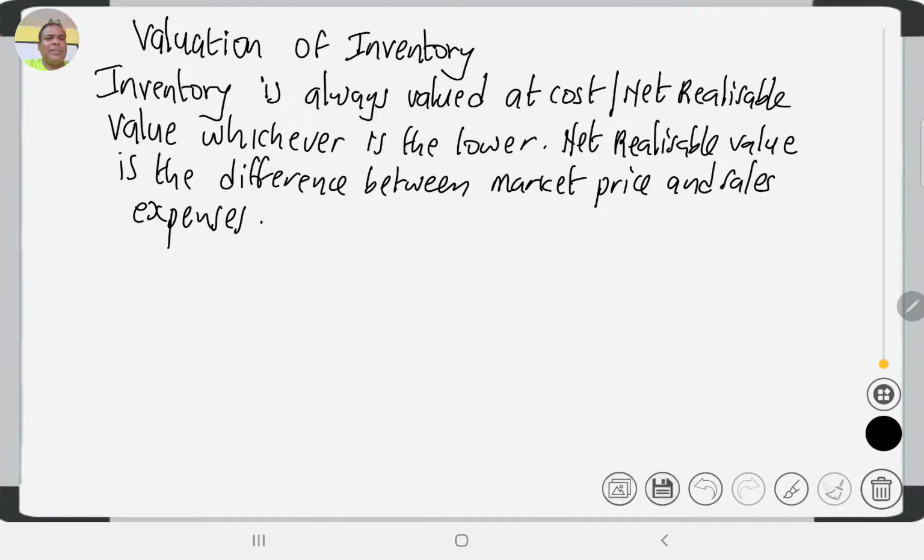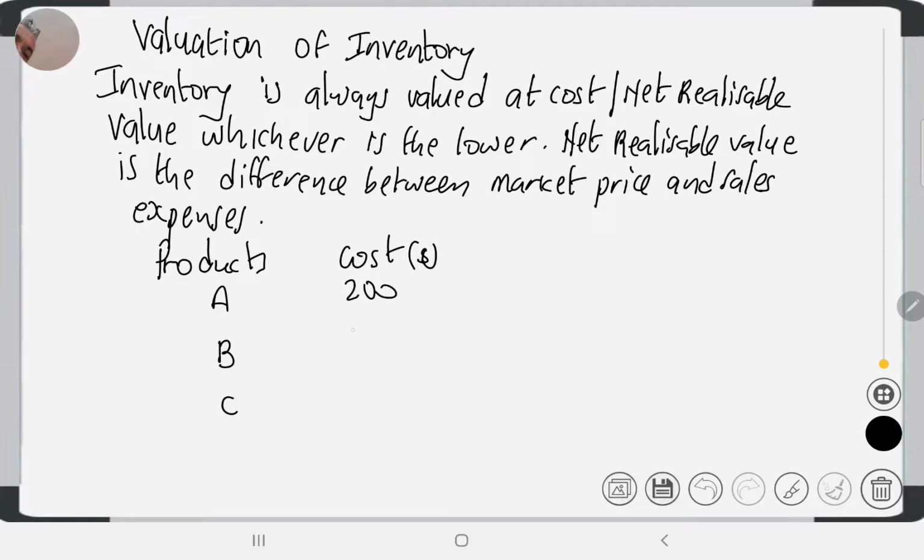Now let us see an example of how to value inventory using the concept of lower of cost and net realizable value. Example: we have product A, product B, product C. Cost: product A has been bought for 200, product B for 400, and product C for 600.